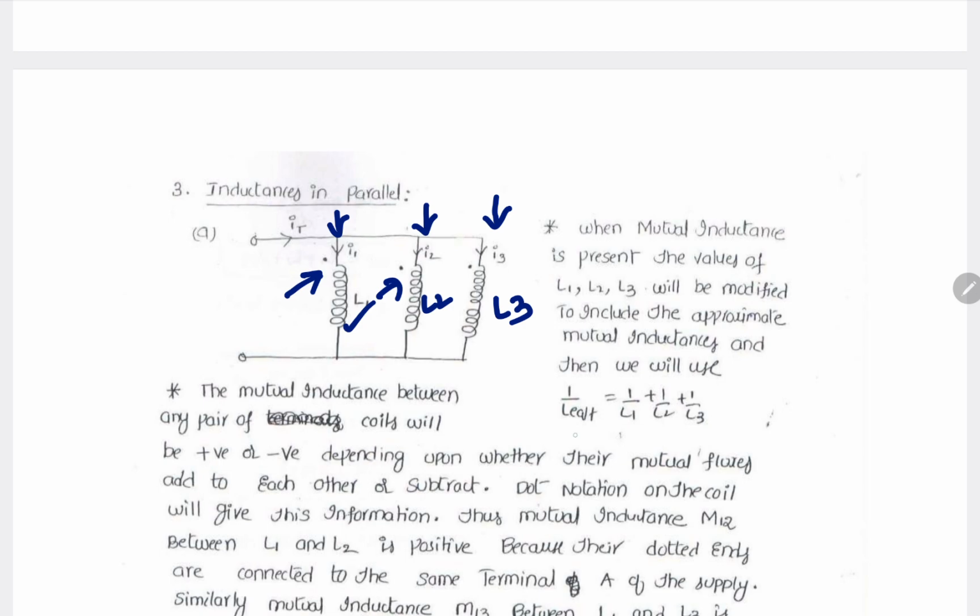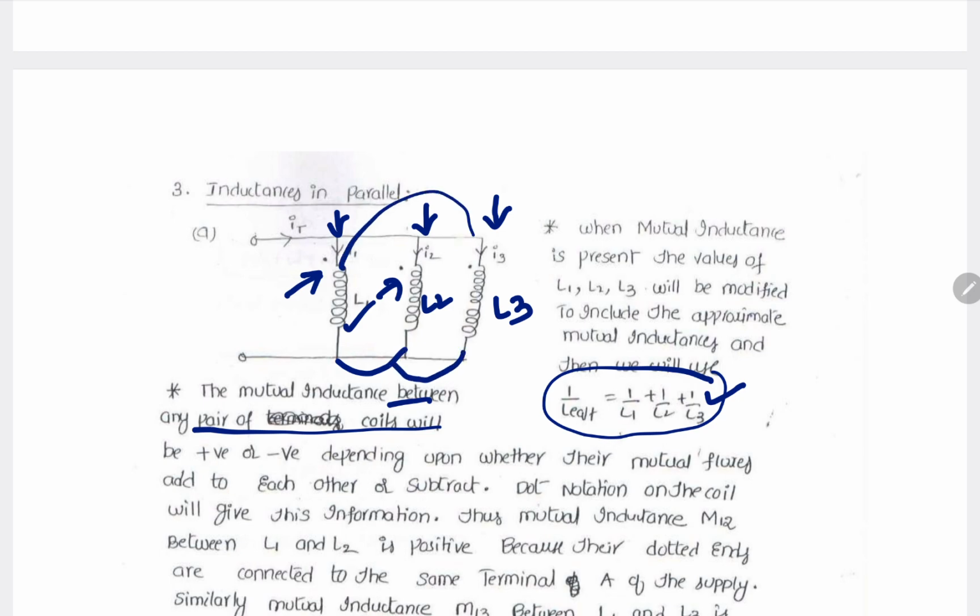Then usually, without mutual inductance, the total inductance formula is 1 by L equivalent is equal to 1 by L1 plus 1 by L2 plus 1 by L3. And mutual inductance between any pair of coils, let us say between L1 and L2, or L2 and L3, or L1 and L3, may become positive or negative based on the dot convention. Dot notation in one coil gives the information.